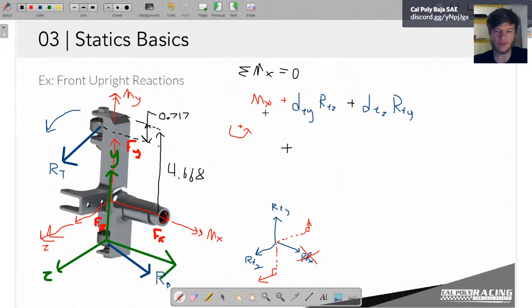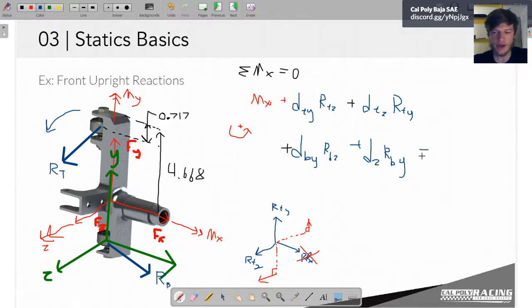So we've got plus dEy rEz. That's again the y distance to point B, and the z distance to point B, rB.